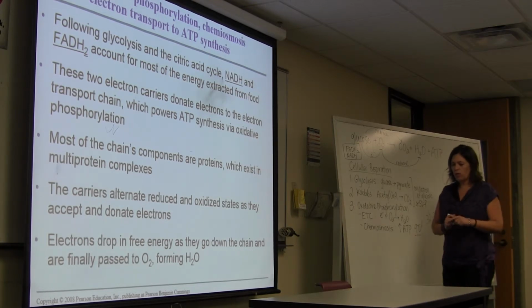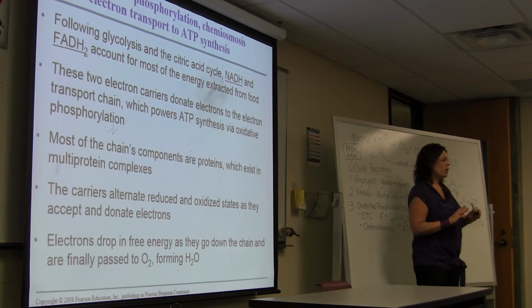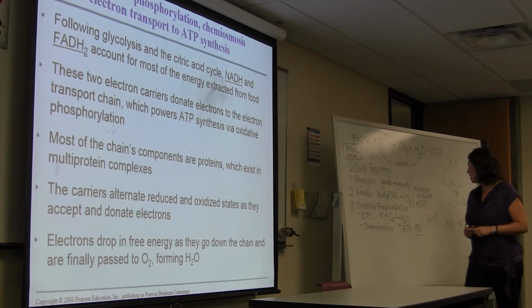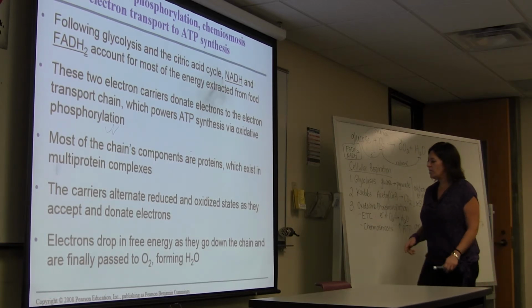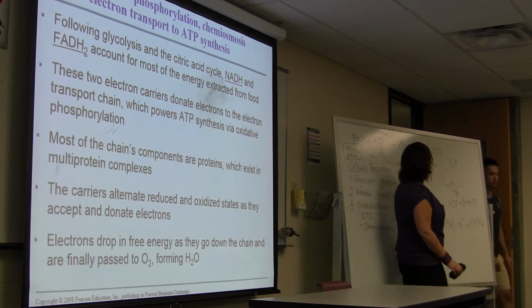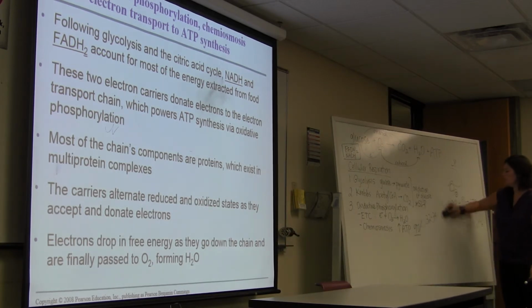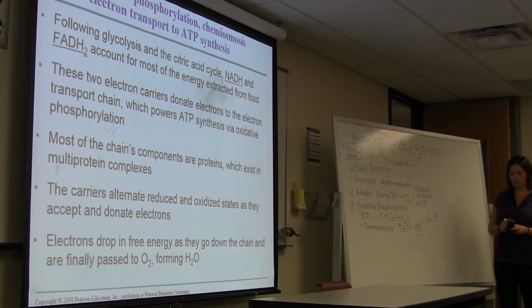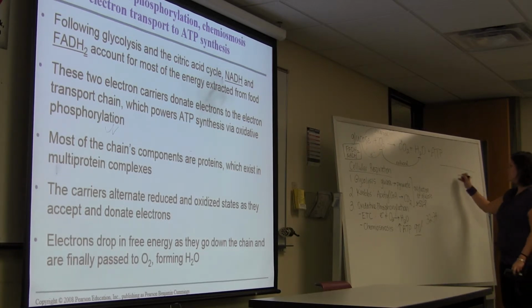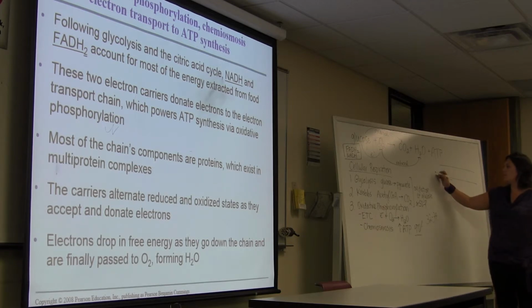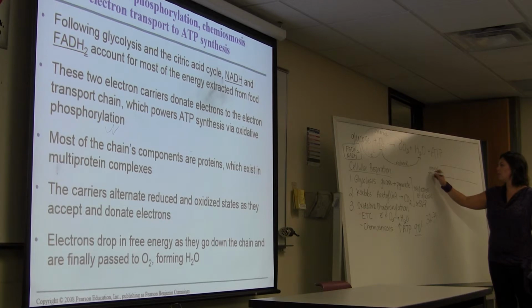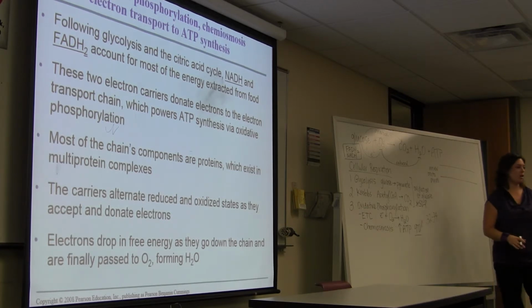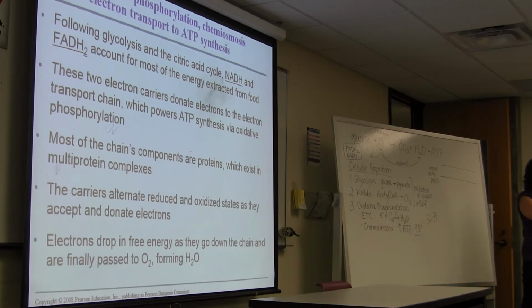Okay, so we have all of our electron carriers that have been loaded up with electrons. Now we need to give them to oxygen. And we do that through the electron transport chain. The electron transport chain is within the inner mitochondrial membrane. So remember, the mitochondria has a double membrane.